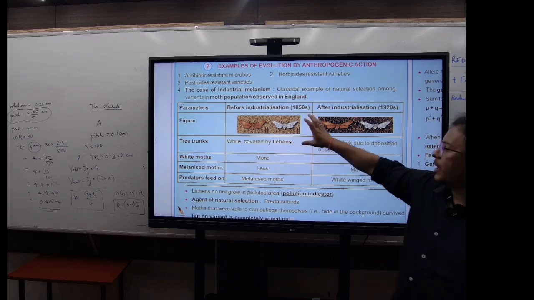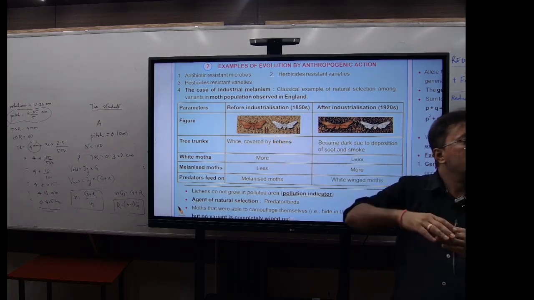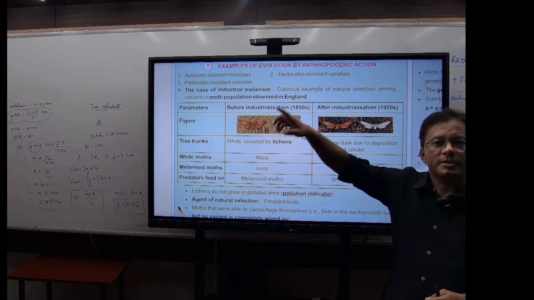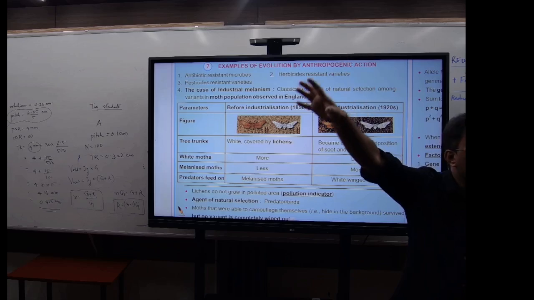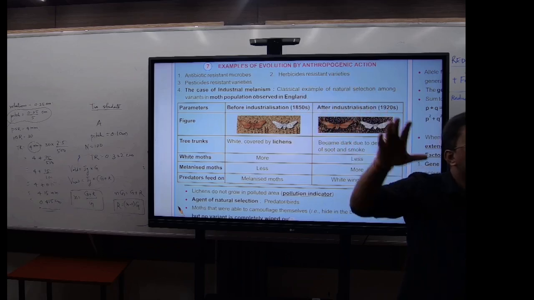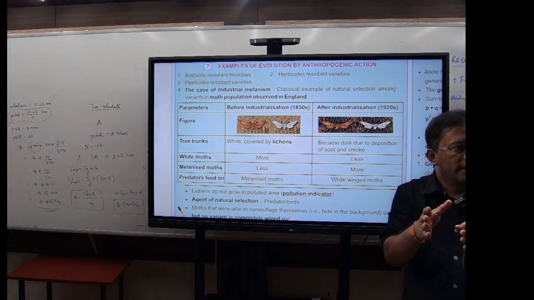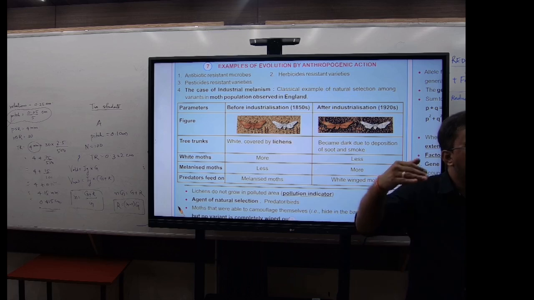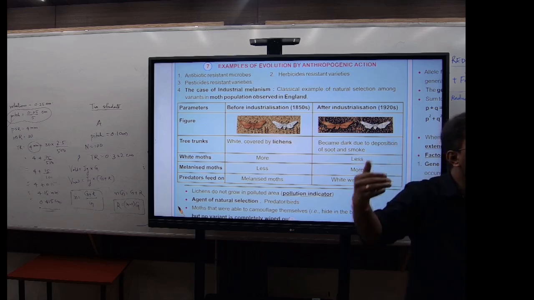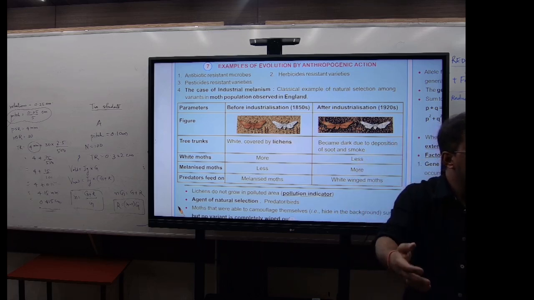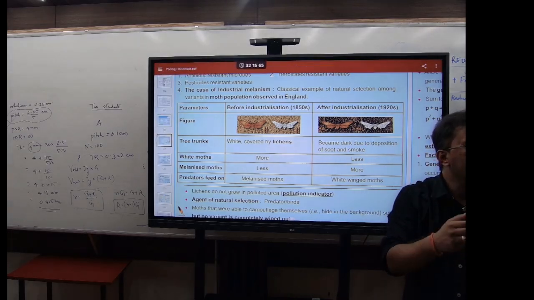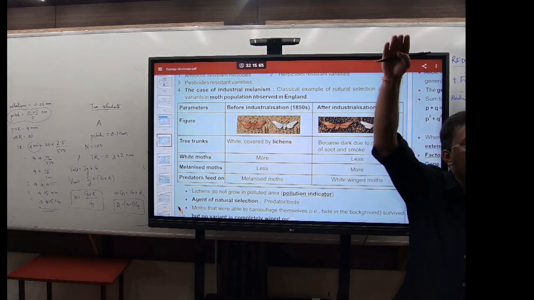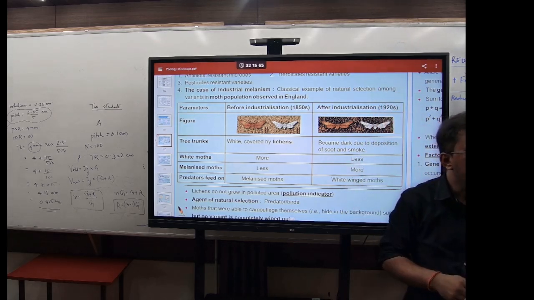The white-winged moths' population was so high before industrialization because the tree trunks were covered by lichens, which gave these moths the ability to camouflage. And the dark-winged moths could not camouflage against the same background and they were killed by the birds. Obviously, the white moths' number was high compared to the dark-winged moths.